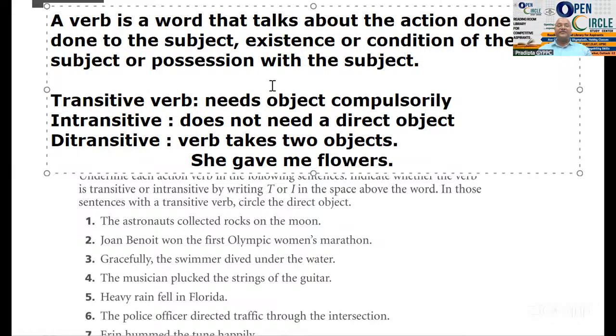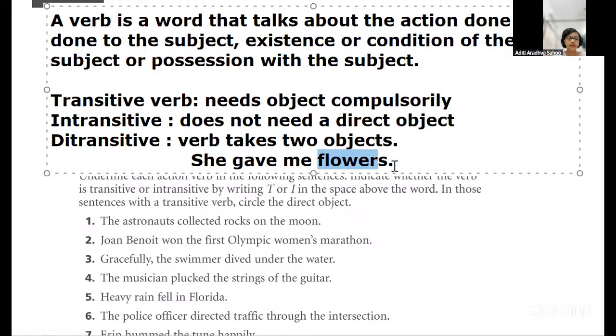Now, can you identify which one is the direct object here? If there are two objects, one is called a direct object, another is called an indirect object. Out of these two objects, me and flowers, which one is direct, which one is indirect? Sir, the direct object is the non-living one.